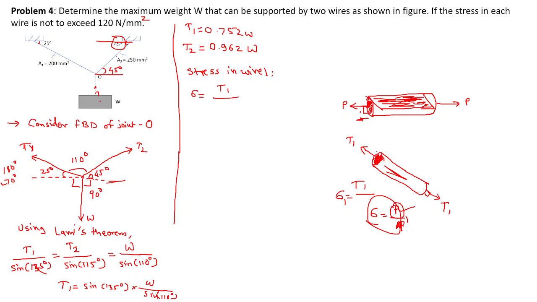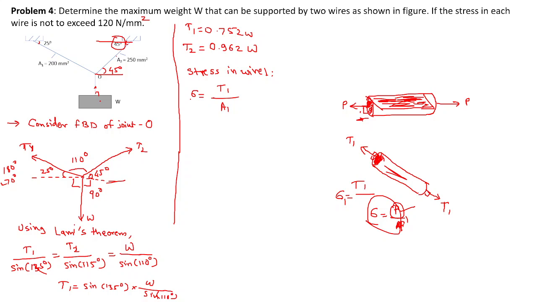If you understand this perpendicular concept, then it will be very easy for you to imagine all that. So sigma is equal to T1 divided by A1.